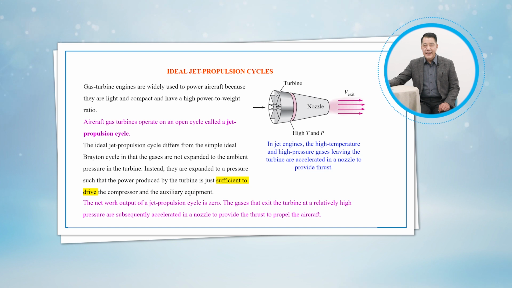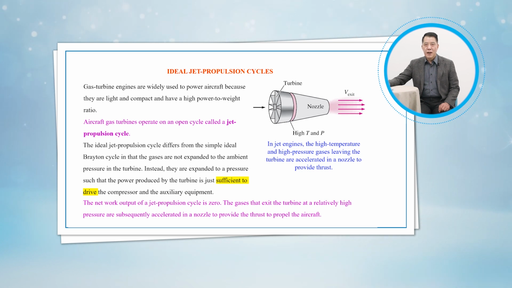That is, the net work output of a jet propulsion cycle is zero. The gases that exit the turbine at a relatively high pressure are subsequently accelerated in a nozzle to provide the thrust to propel the aircraft.